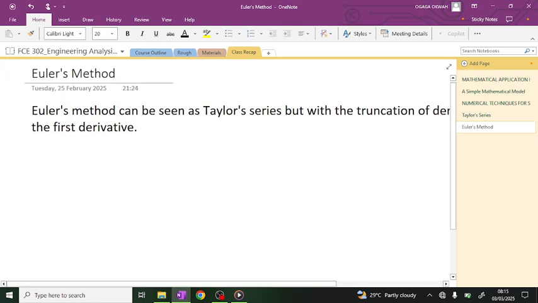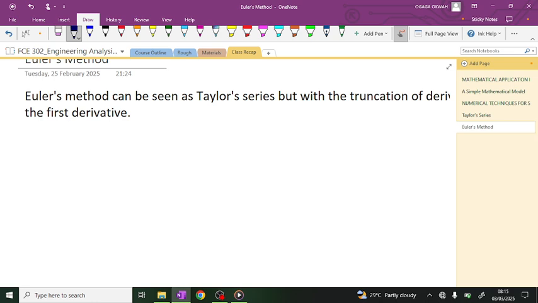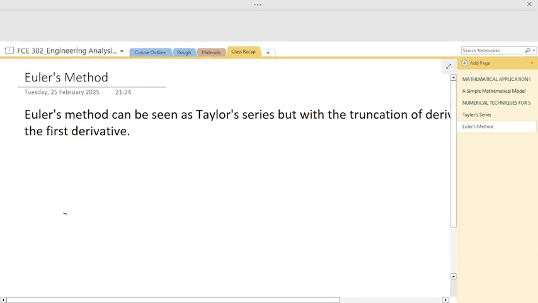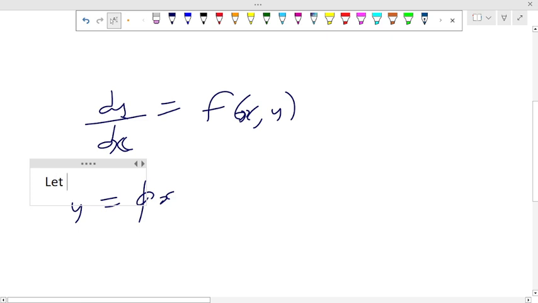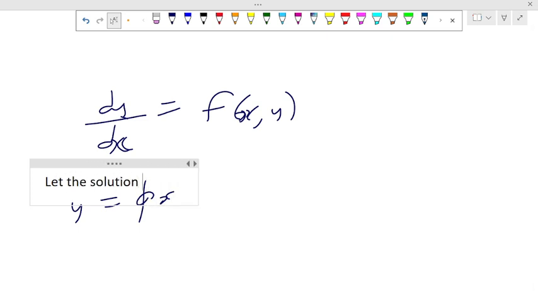If we have a differential equation, say dy/dx equals f of x and y, let the solution for y be 5x.